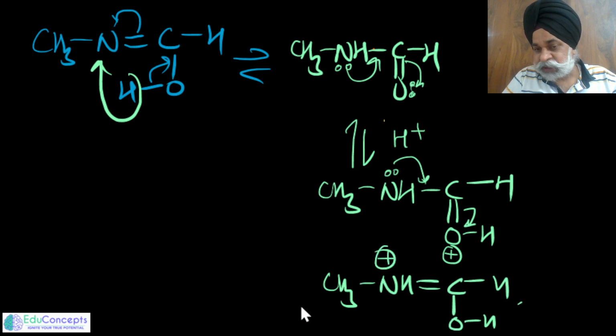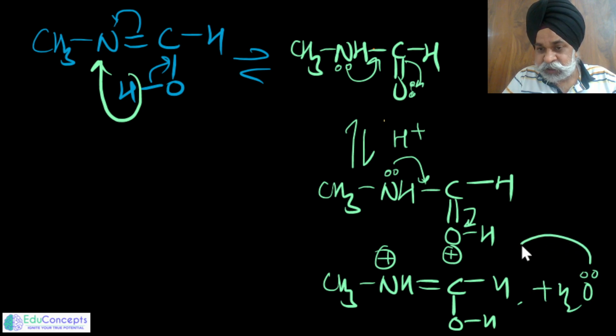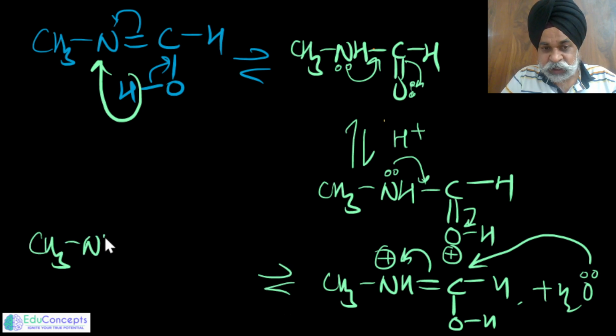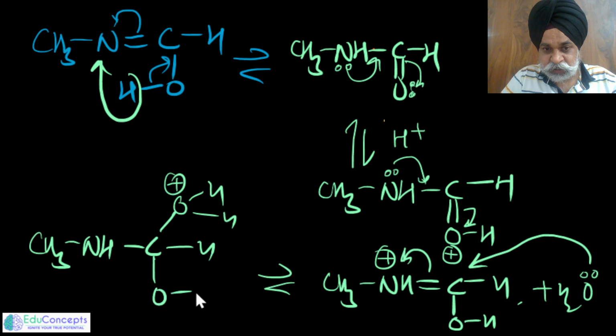Positive charge comes onto this, and now water again attacks this carbon and this bond opens up like this. You can think of it like this also. So CH3NH, and again you would get OH, and this would get a positive charge, H and OH.